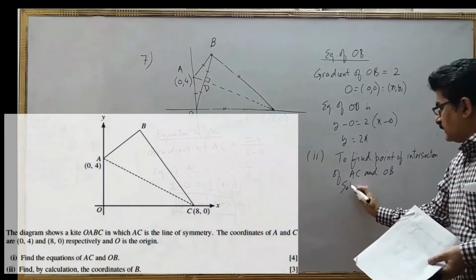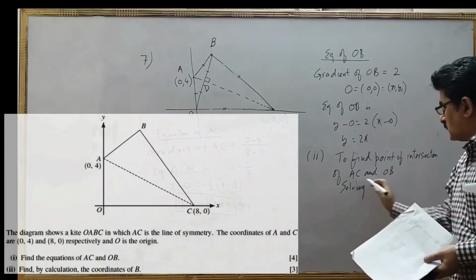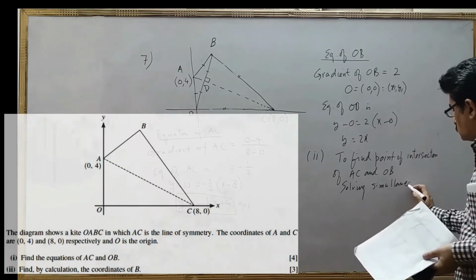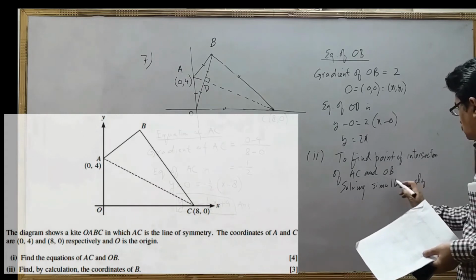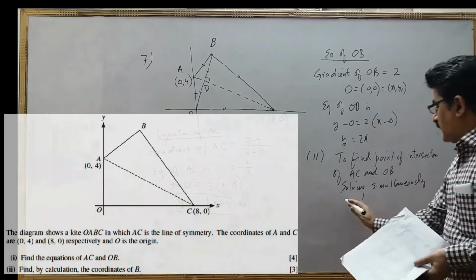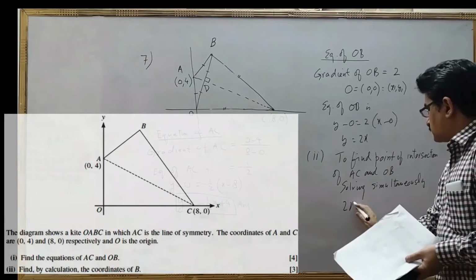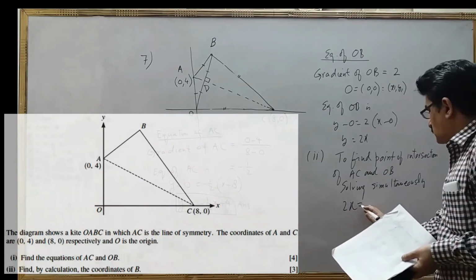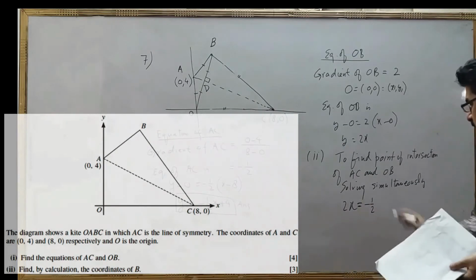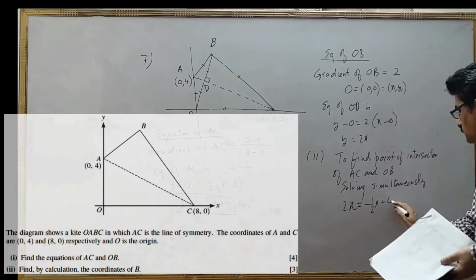So solving simultaneously, we have 2x is equal to minus half x plus 4.